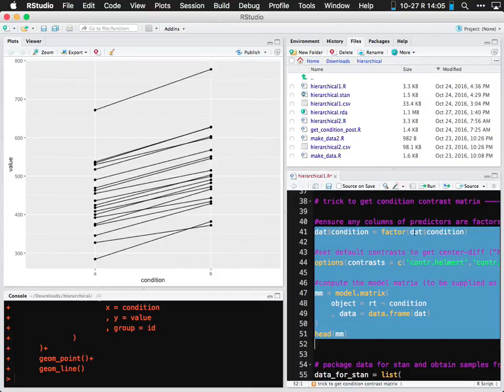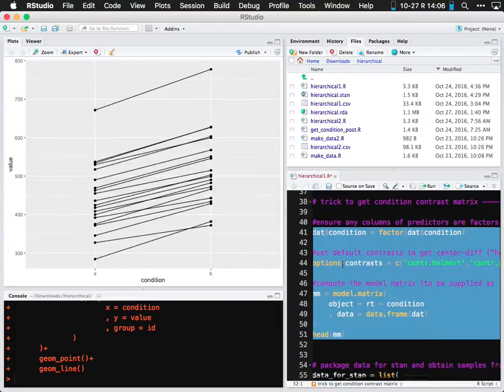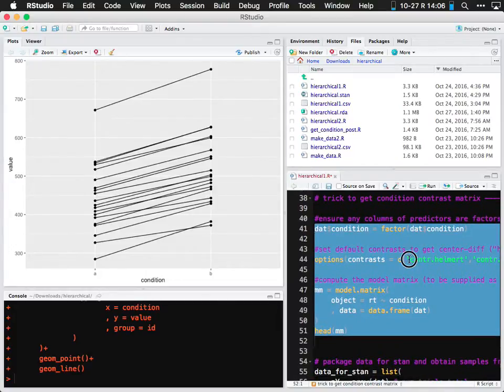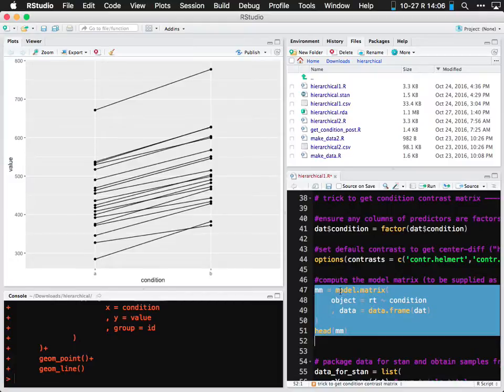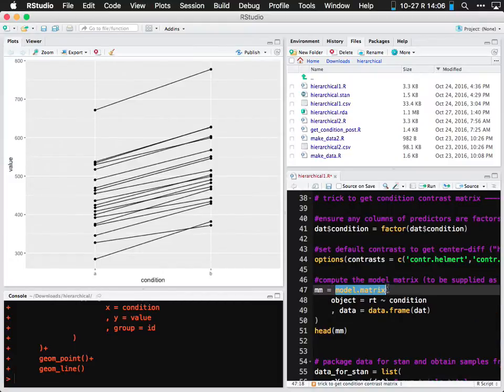So we have to do some things ahead of time. Convert condition to a factor, and make sure the default contrasts are these Helmert contrasts. I told you that's just another word for the intercept and difference way of thinking about things. And then we use the model matrix function.